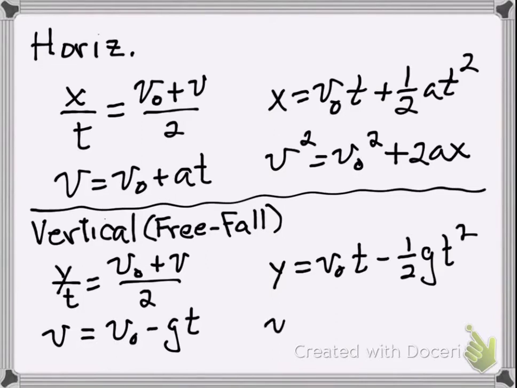And our final equation is v squared is equal to v sub 0 squared minus 2gy. So you can see that these four equations are really the same four equations all over again. It's just that we adjusted them a bit to represent vertical motion under the influence of gravity.